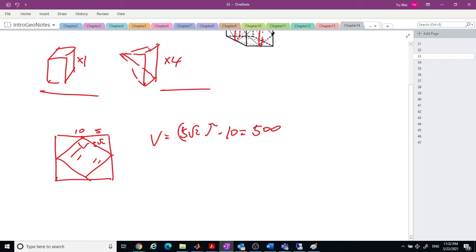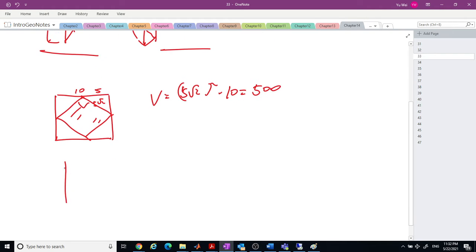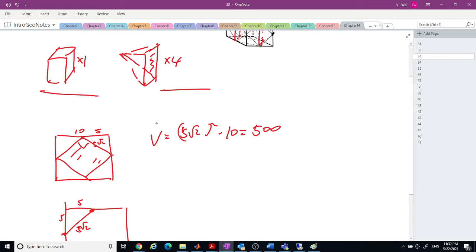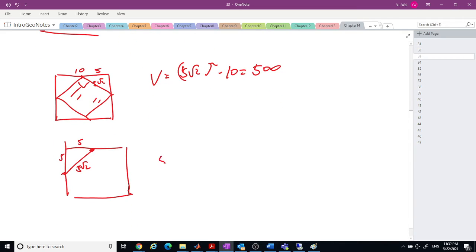Let's solve the second part. We know this side is equal to 5 root 2. So the area of this is 5 root 2 times 10.